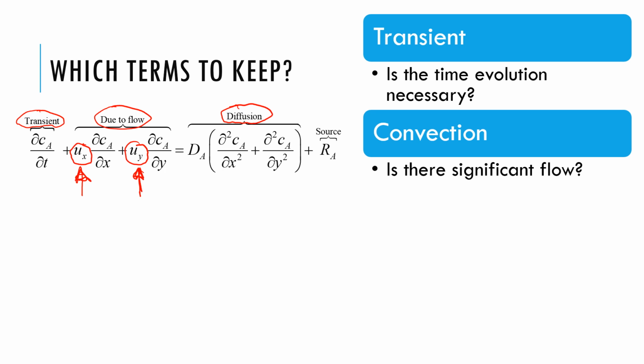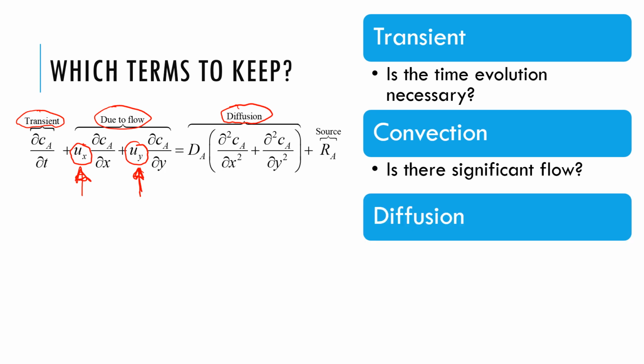So we simply run the model with and without the diffusion term to see how much of a difference it makes, and that itself gives us the idea whether we need to keep the diffusion term. In this case, we may start without the diffusion term, and then later just add the diffusion term to see how much of a difference it made.